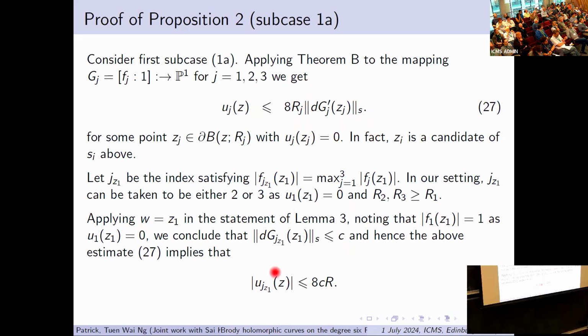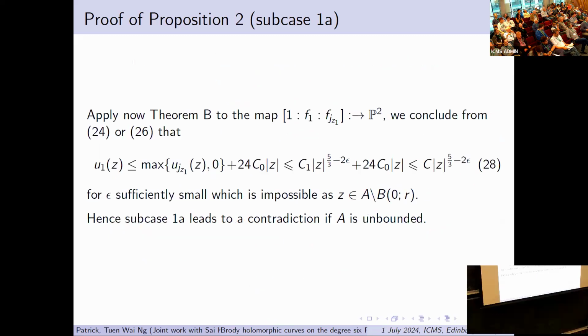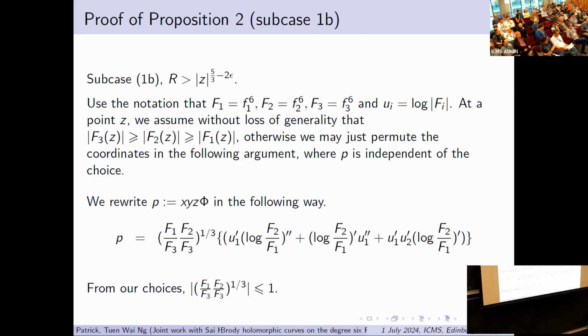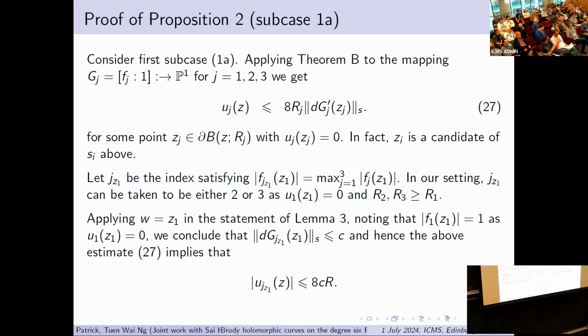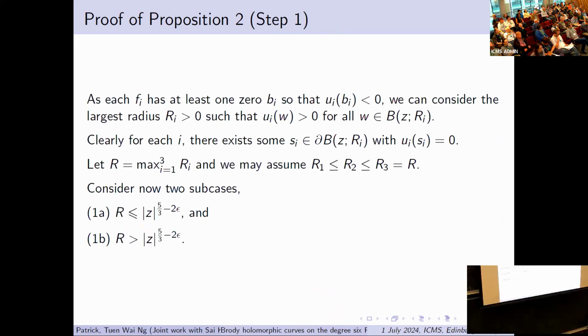So you get this u_j bounded above by this. But then, sorry, we recall that this is capital R. So in our subcase 1, R is given by this one here.